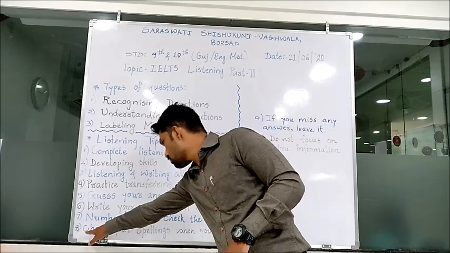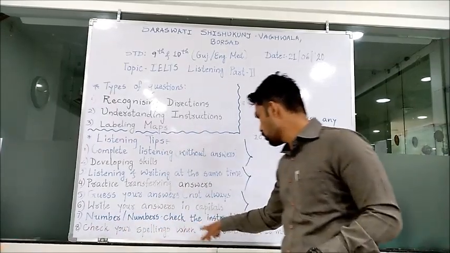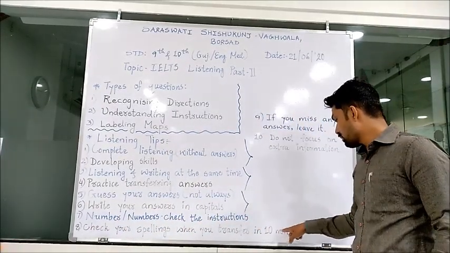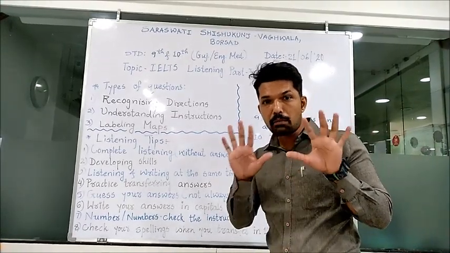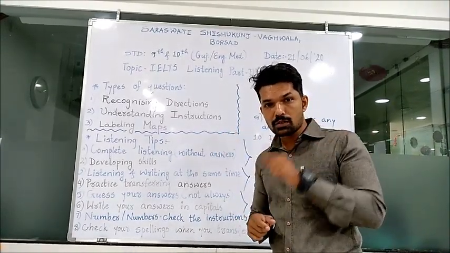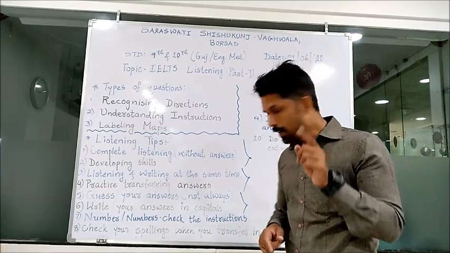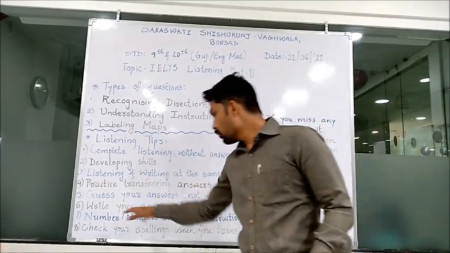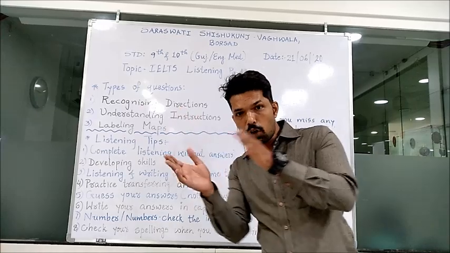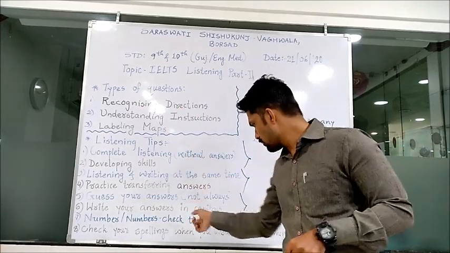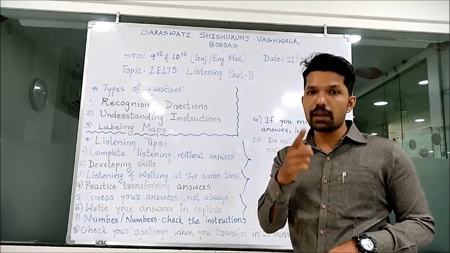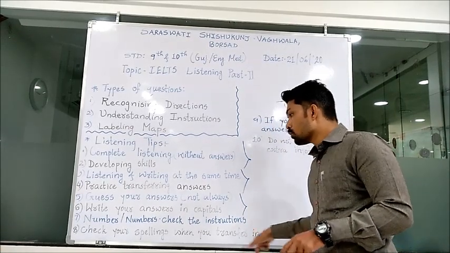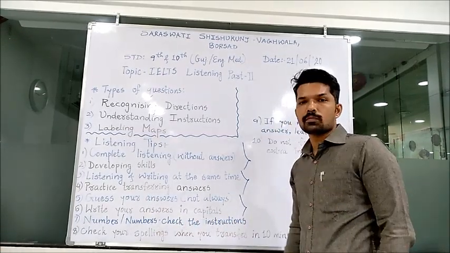Next tip is check your spellings when you transfer in 10 minutes. Remember, I told you that you are given 10 minutes to copy your answers onto the answer sheet. Now, when you write all your answers on the answer sheet, it is very, very important for you to check all the spellings.